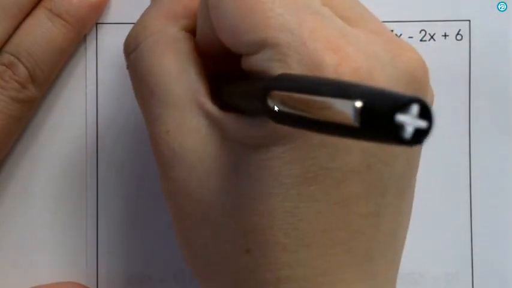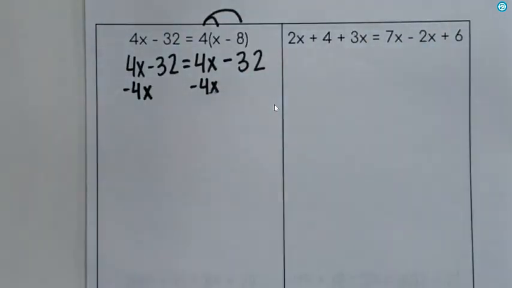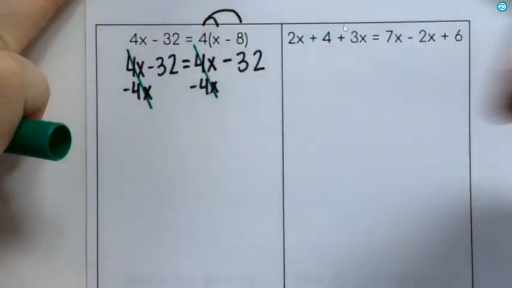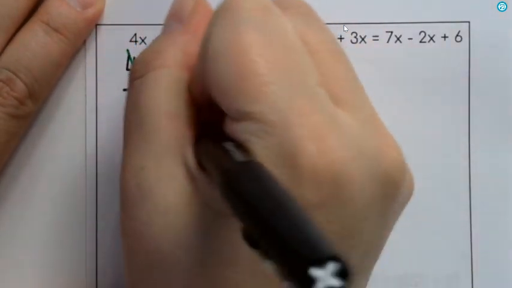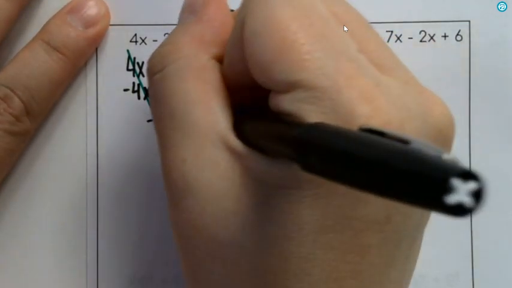I'm going to subtract 4x here, and I'm going to subtract 4x here. And the same thing happens as what we saw on the quick write. This 4x minus 4x cancels out, and this 4x minus 4x cancels out. On the left side of my equation, we are left with a negative 32. On the right side of my equation, we are left with a negative 32.